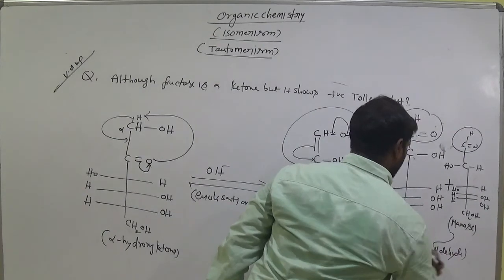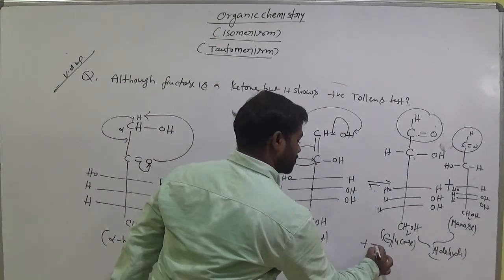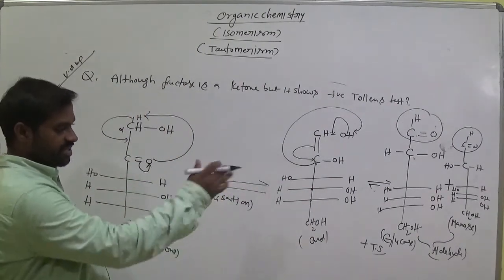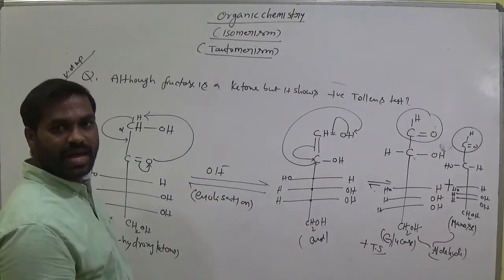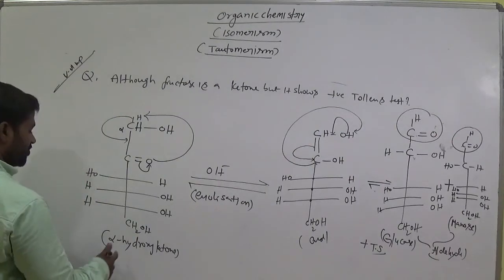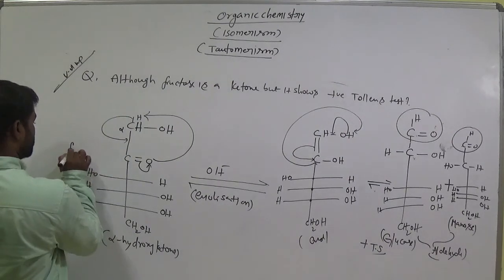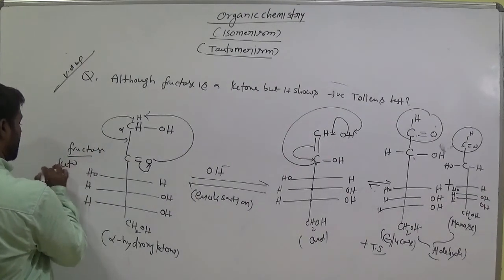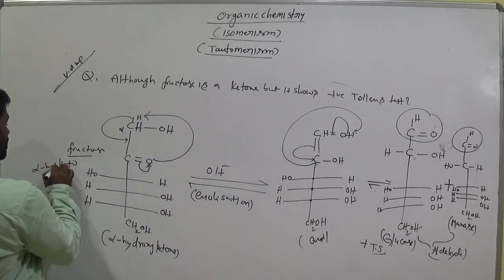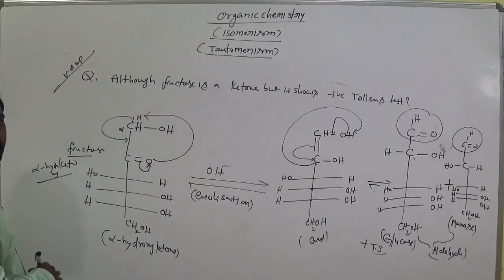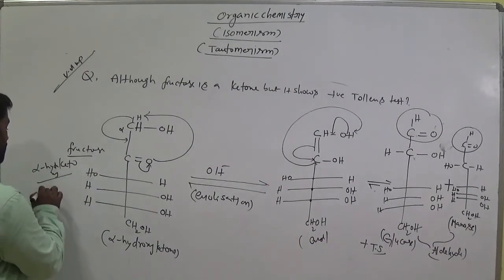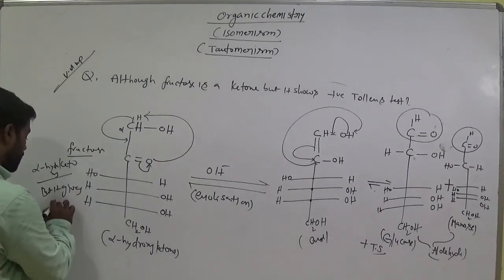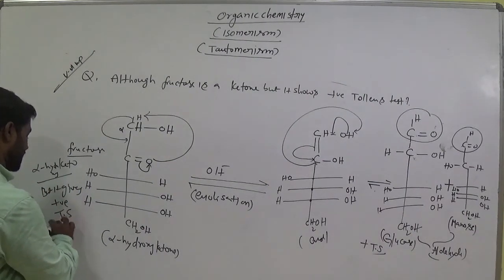These aldehyde compounds give a positive Tollens test or Benedict test. They produce a black precipitate. Either glucose or mannose produces a black precipitate. Now fructose also. What is it? Fructose is a ketone, an alpha hydroxy ketone, but it gives a positive Tollens test.